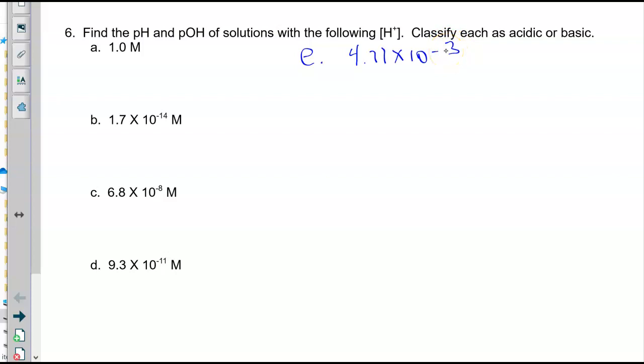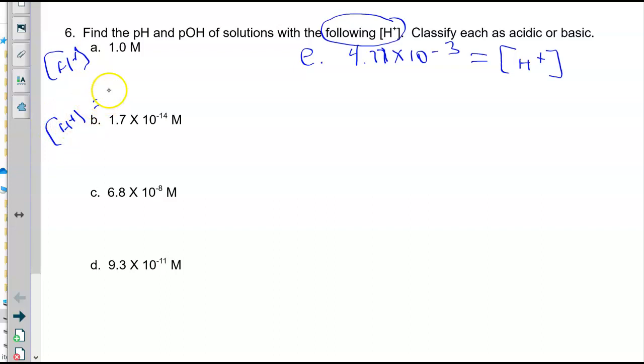How you would do this problem is you'd have to show your formulas, and we know that this equals H+, because in this question each of these values represents the H+. So H+ equals those values.